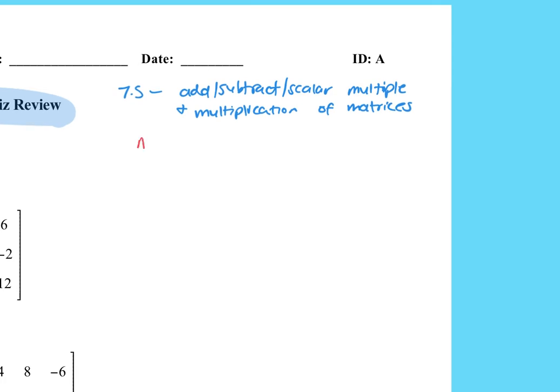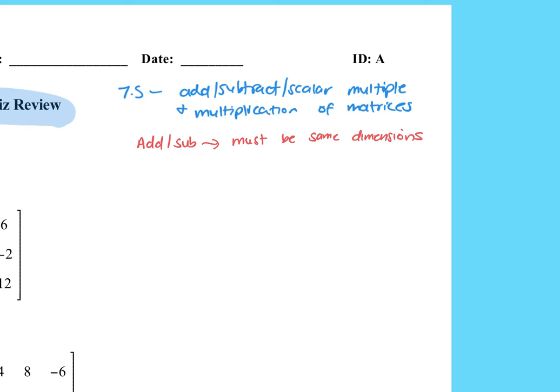So remember, to add and subtract, they have to be the same exact dimensions. So the directions there will say, perform the indicated operation. If not, explain why not. So if you couldn't add them, you would say they have different dimensions. You can't add a 2 by 3 to a 2 by 2. Has to be exactly the same.